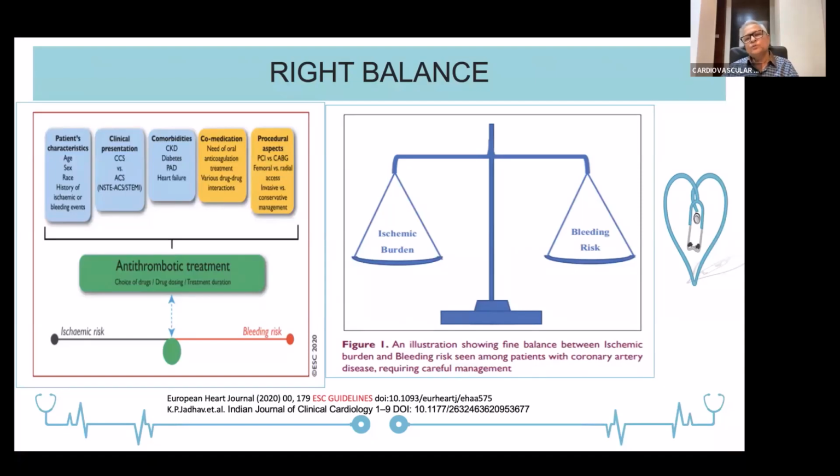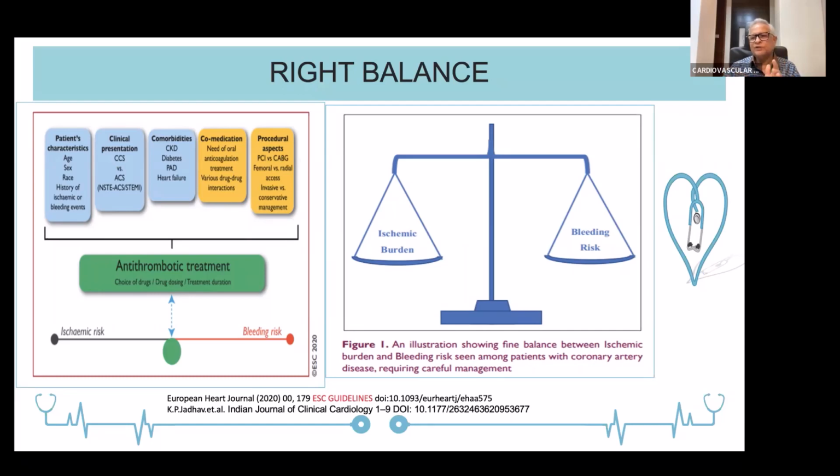So in considering antithrombotic treatment with DAPT, we have to see the clinical aspects of the patient: the age, sex, race, history of ischemic events, bleeding events, clinical presentation, chronic coronary syndrome, ACS, CKD, diabetes, peripheral vascular disease, heart failure, co-medications which can increase or prolong the effect of anticoagulant or antithrombotic drugs, and procedural aspects, PCI, CABG time.